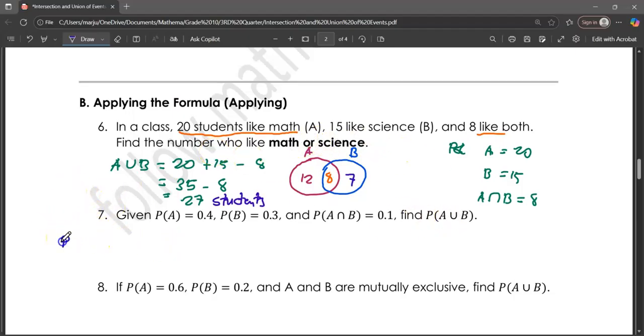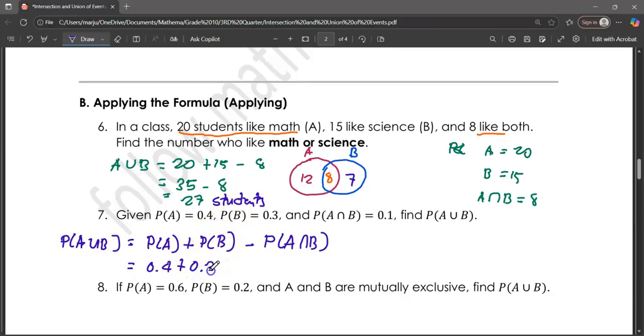Again, we know that probability of A union B is just probability of A plus probability of B minus probability of A intersection B. So using this one, we know that this is 0.4 plus 0.3 minus 0.1. This gives you what? 0.4 plus 0.3, 0.7 minus 0.1. That is just 0.6. So your answer must be 0.6.